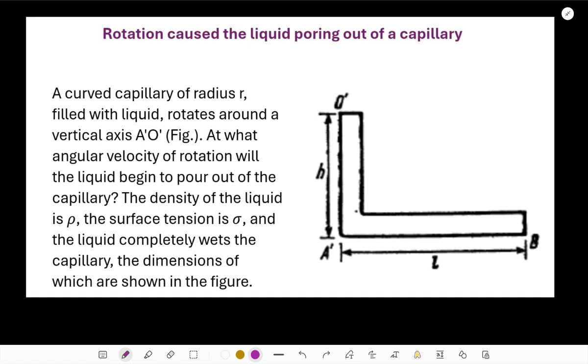The capillary rotates. This is the first thing. And the liquid begins to pour out. This event is going to happen at point B. There is no doubt about it. And the role of surface tension is important here.